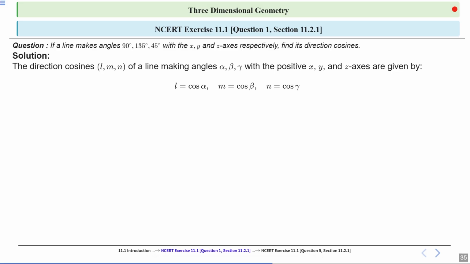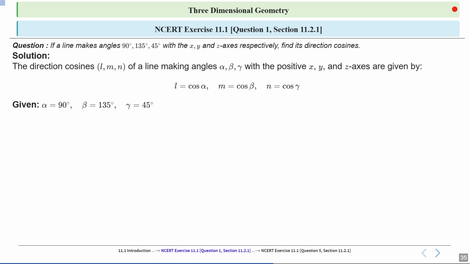So the formulas are L equals cos alpha, M equals cos beta, and N equals cos gamma. Here L, M, N are the direction cosines along the x, y, and z axis.